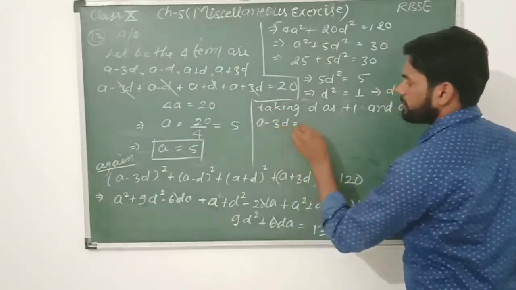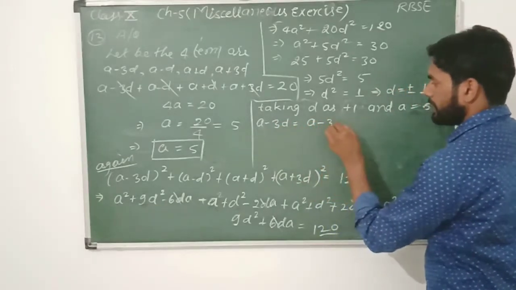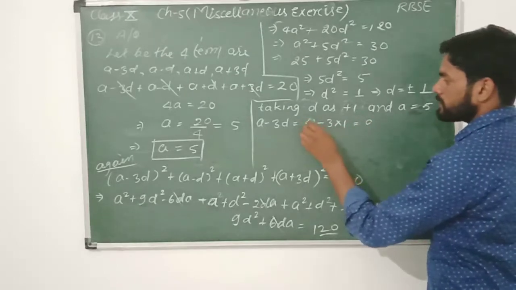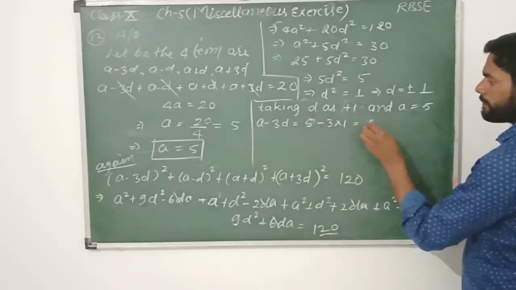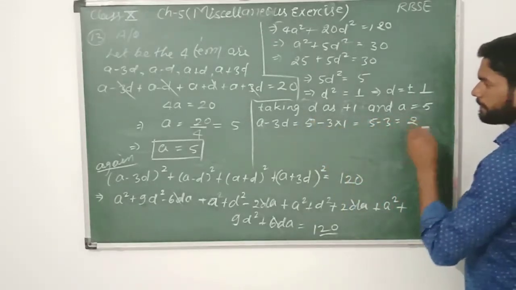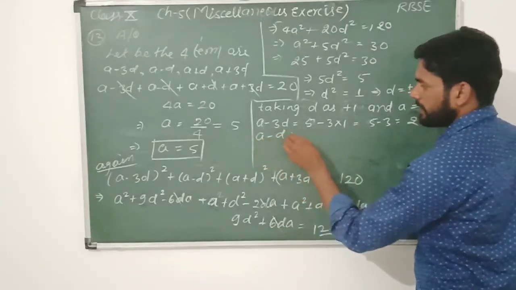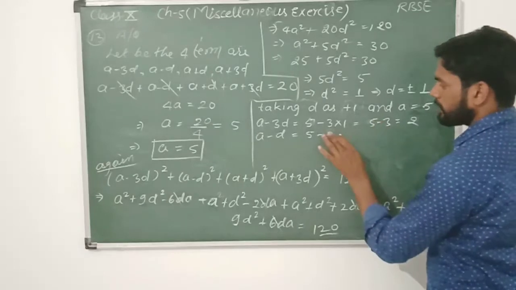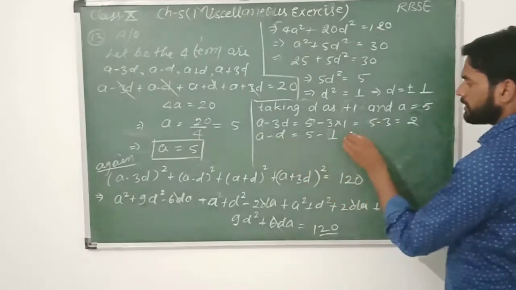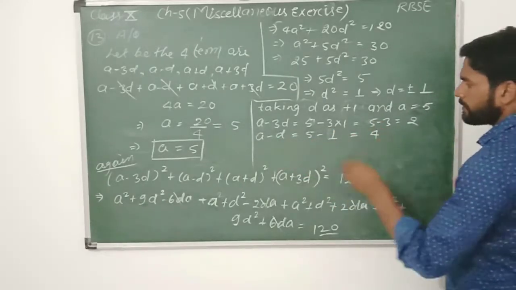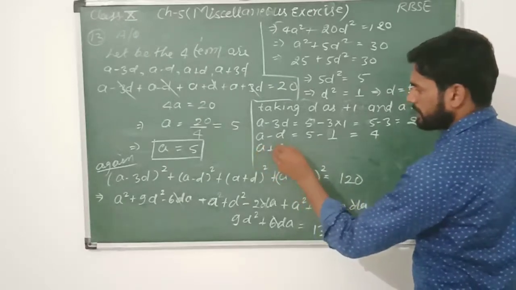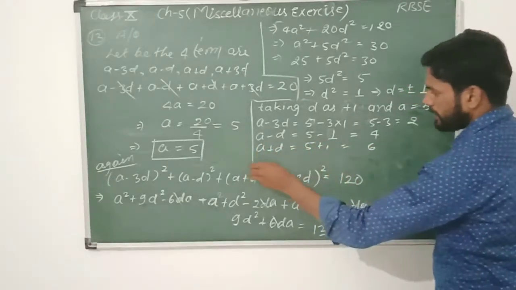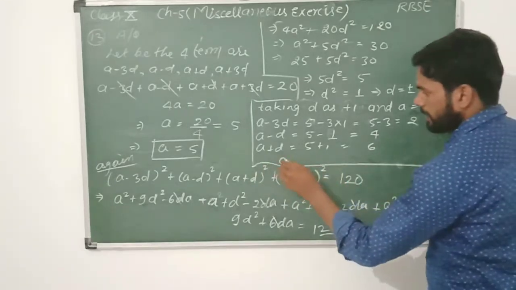Our terms will be: a minus 3d is equal to a minus 3 into 1. a is 5, so 5 minus 3 is equal to 2. a minus d: 5 minus 1 only because d is 1, 5 minus 1 is 4. a plus d: 5 plus 1 is equal to 6.